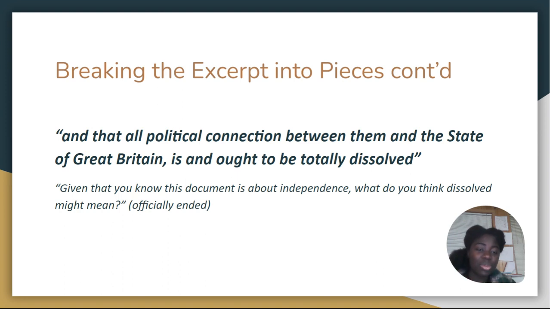It blends into the water on a molecular level. That would be like science. But in this case, dissolved means to be done, to be ended. They want the connection between the United Colonies and Great Britain's rule to end. They just want to be their own separate nations, is what they're saying. They want complete independence from the British Crown, British rule.